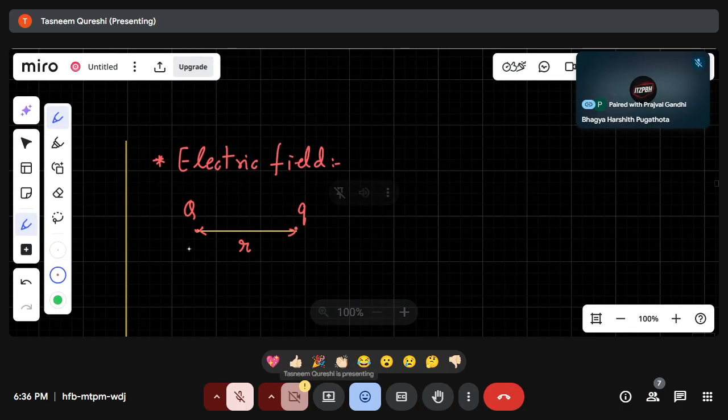Now what will happen, this capital Q will repel this charge, suppose they are of positive nature. Capital Q will repel small q. At the same time, small q will also repel capital Q. Does everybody agree with me on this? Both of the charges will repel each other.